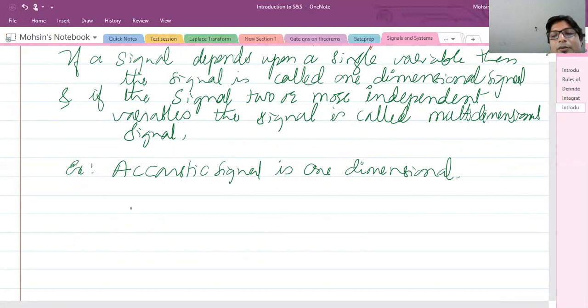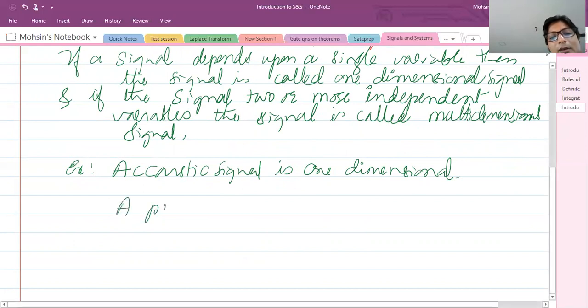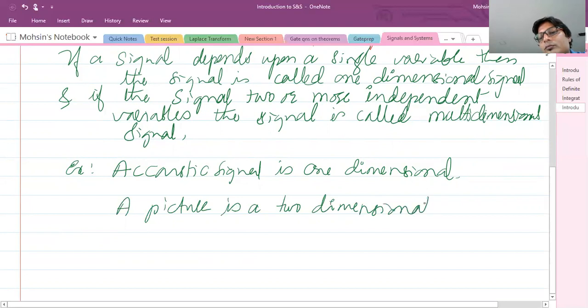Therefore, a picture is a two-dimensional signal, because there are two spatial, space related dimensions, one horizontal and another vertical. So that is what you can understand from that.